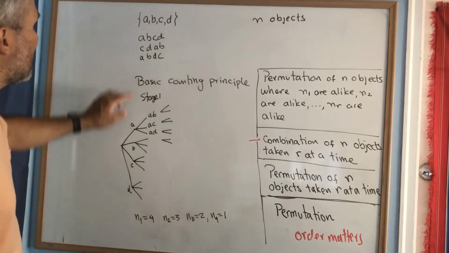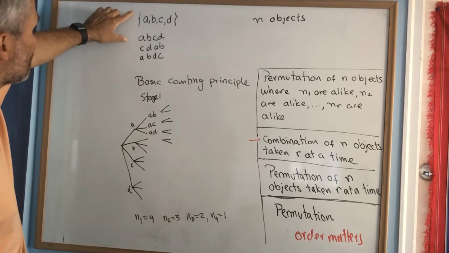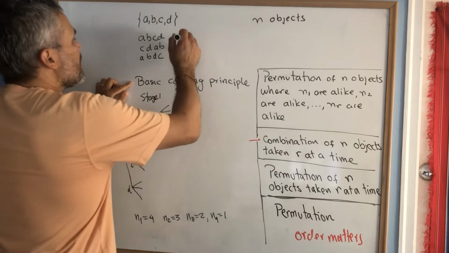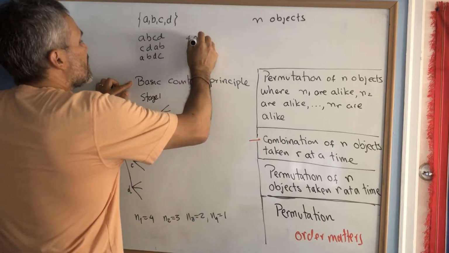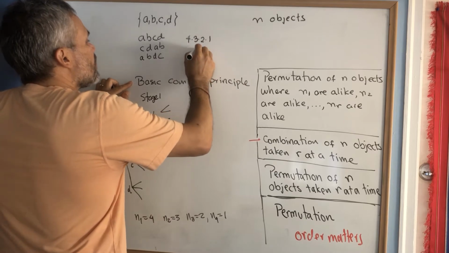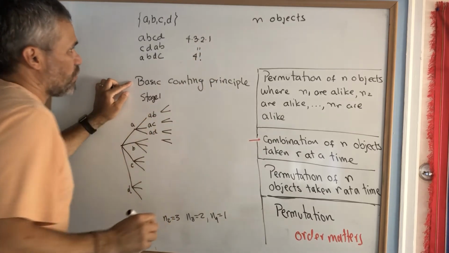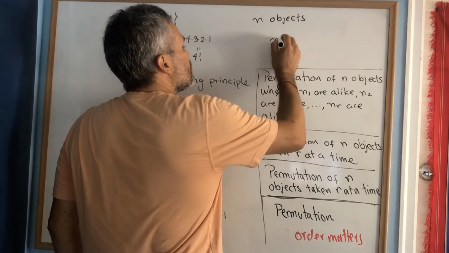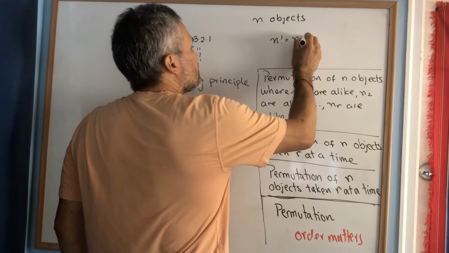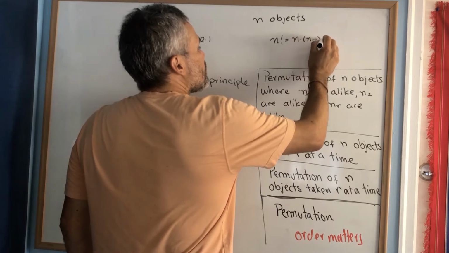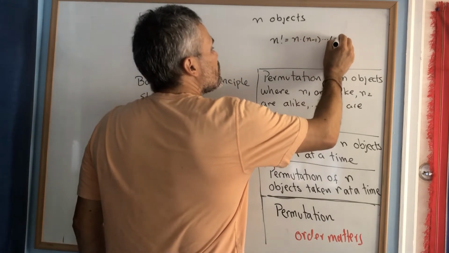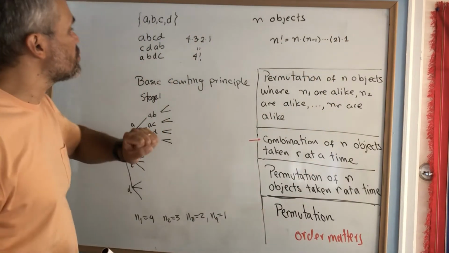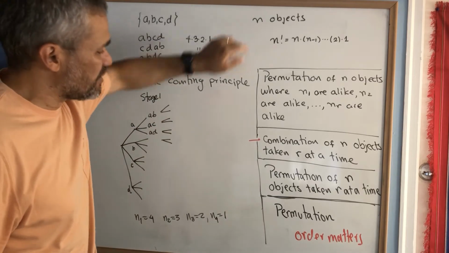That means the number of permutations in this example, using the basic counting principle, is 4 times 3 times 2 times 1, which is just 4 factorial. In general, the formula is n factorial, which is n times n minus 1 times ... times 2 times 1. This is the number of permutations of n objects.